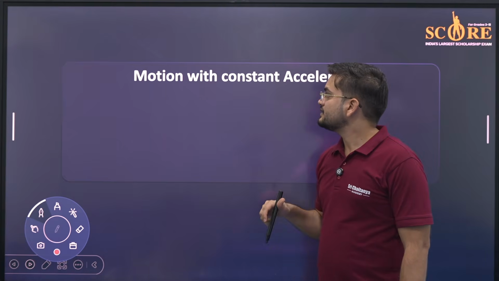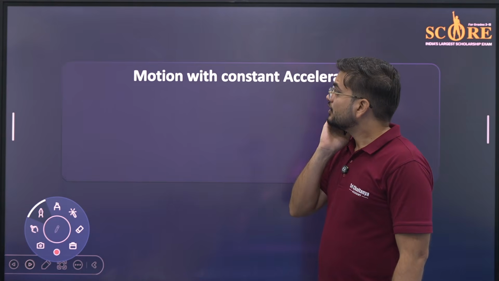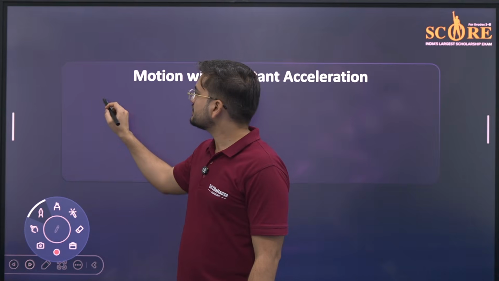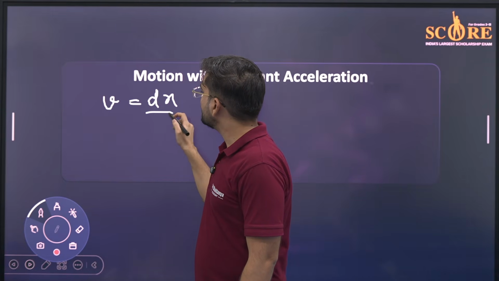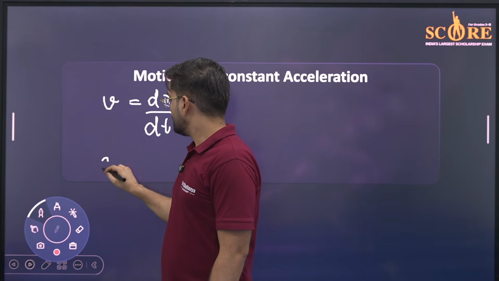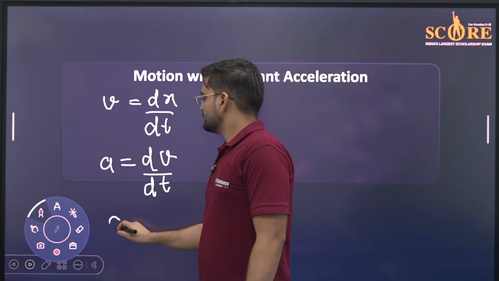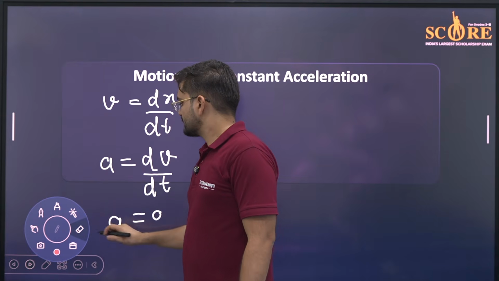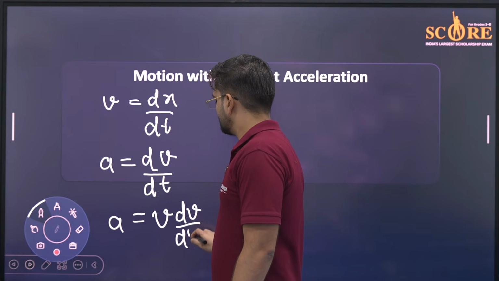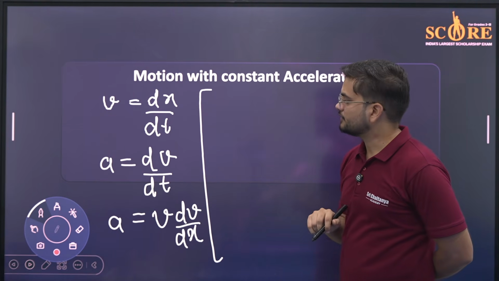The next segment is motion with constant acceleration. If a particle moves with constant acceleration, by using the equations v is equal to dx by dt, a is equal to dv by dt, or a is equal to v dv by dx, we derive 4 equations.